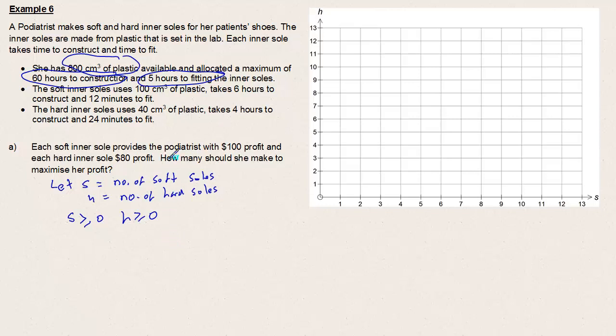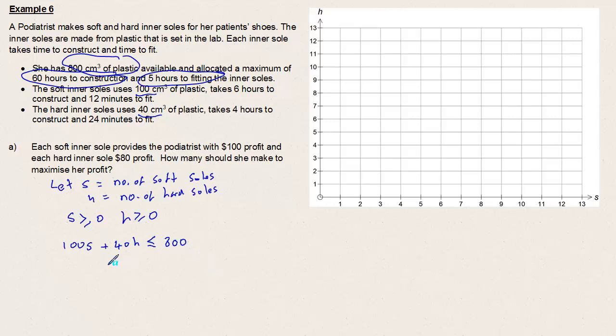Now let's look at plastic. We've got 800 in total. The soft takes 100 and the hard takes 40. So that's going to give us 100S plus 40H is less than or equal to 800.